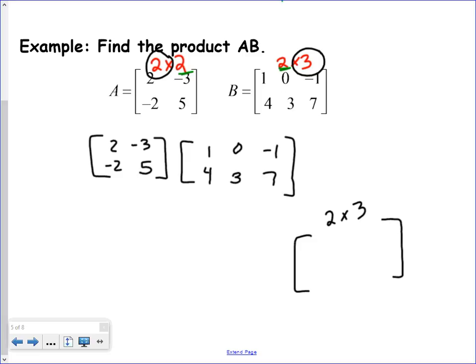And then remember, for addition and subtraction, you just add and subtract corresponding entries. Well, we don't have to have the same orders here, so that's not how multiplication works. Multiplication works by multiplying rows in the first matrix by columns in the second matrix.